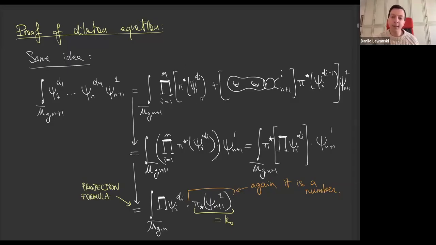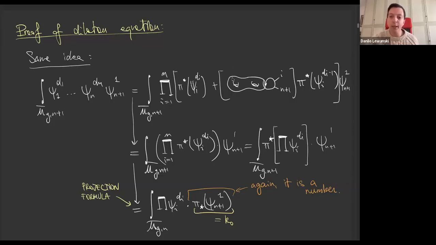Okay, and in the string equation proof, we have seen that if you only take those terms for all i, then the result just vanishes because it's a pure pullback. And when you integrate a pure pullback, it will automatically vanish for dimension reasons. So you cannot take those terms in the string equation.